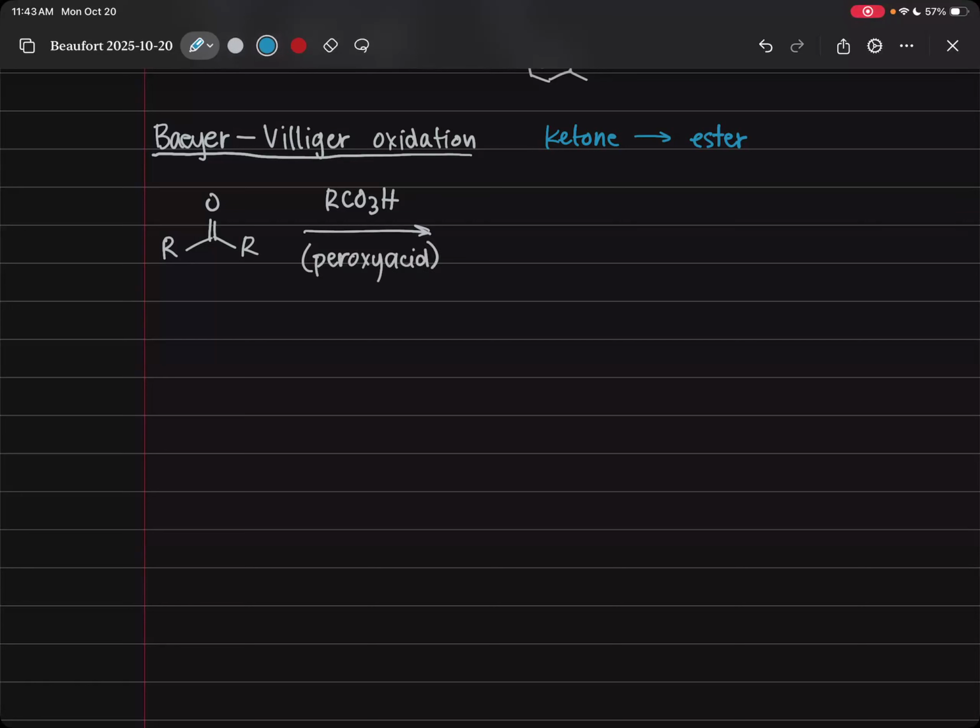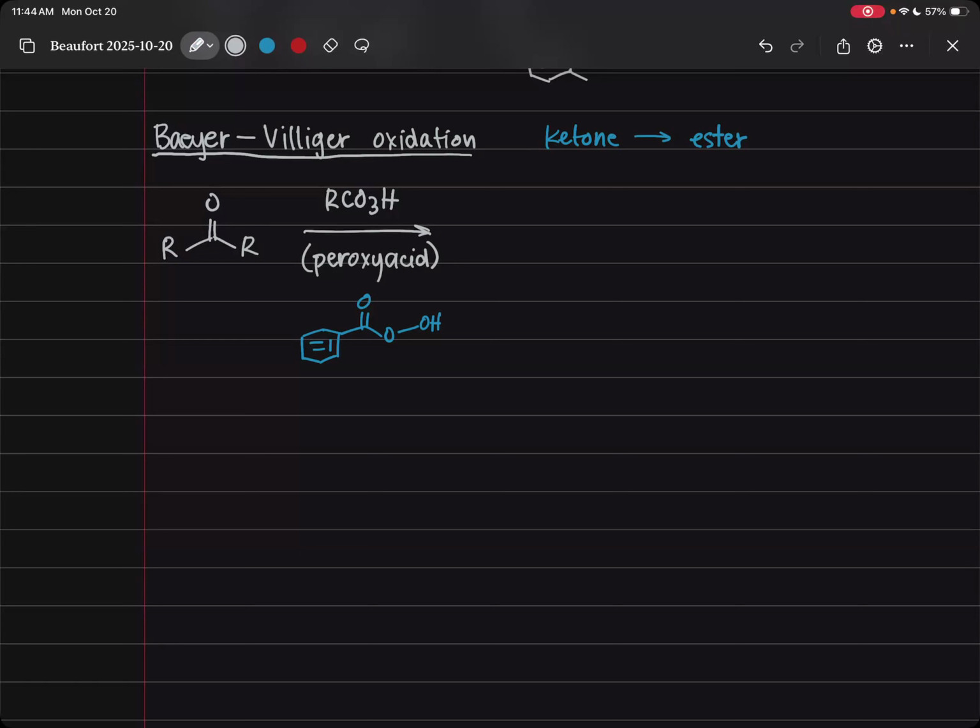And peroxy acids are often something like this, where it looks like a carboxylic acid, but it's actually got an oxygen-oxygen single bond, sort of an extra oxygen in there, hence the RCO3H rather than RCO2H.